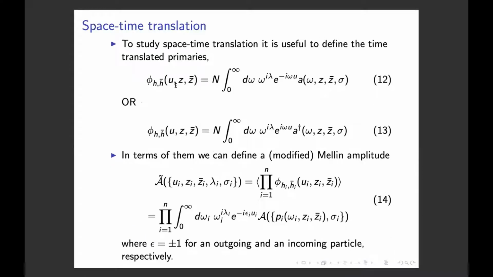If you look at this expression, the way I have defined this phi h h bar u z z bar, now if I differentiate with respect to i ∂_u, what it does is that it brings down a factor of omega, and then it simply becomes omega to power i lambda plus 1, and then after doing that, I can set u equal to zero, and that essentially now becomes an operator whose scaling dimension is h plus half and h bar plus half.